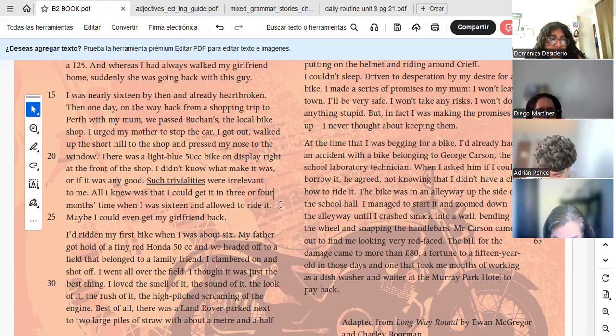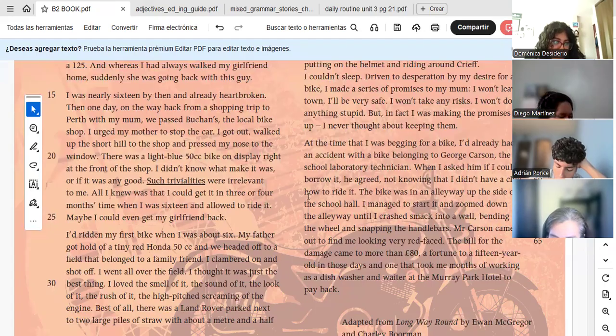I loved the smell of it, the sound of it, the look of it, the rush of it, the high-pitched screaming of the engine. But best of all, there was a Land Rover parked next to two large piles of straw, about a meter and a half high. Okay, thank you.